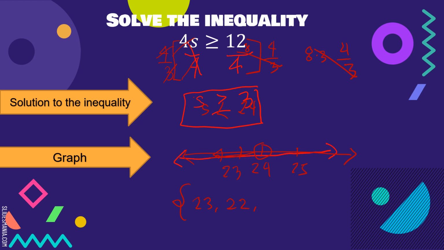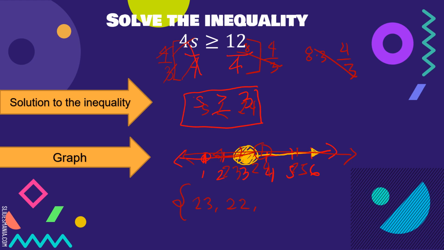So we have here 1, 2, 3, 4, 5, 6, and is this a hollow circle or a solid circle? This is a solid circle because 3 is included, and our graph will be sketched to the right or left? It will be right.